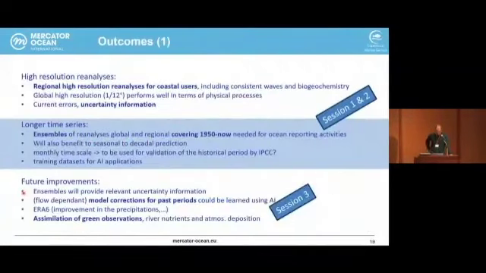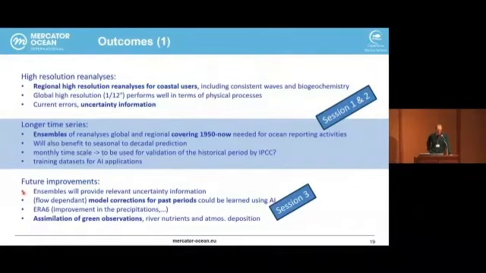Based on that, we have different outcomes. One concerns the high resolution, as I already said, and it's clear that there is a clear need for high resolution, especially for regional models for coastal applications, and if it includes all components, biochemistry and wave, it's very important.